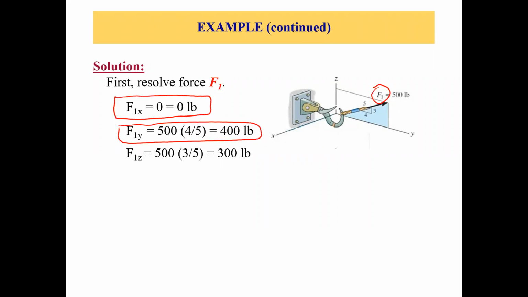For F1z, we get F1 times 3 by 5. So 500 times 3 by 5 gives us F1z with a magnitude of 300 pounds, right? So that's how we resolve this force F1 into 3 components, x, y, and z components. So now we are done with F1.